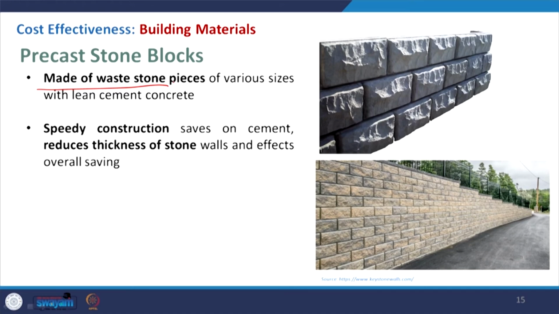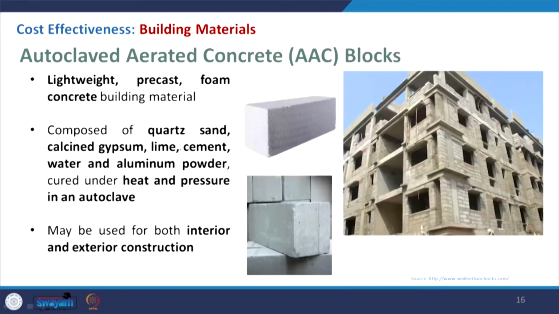Sometimes even the stone dust can be added in the cement concrete mortar, and that can give a precast block, and that is a little bit bigger than the conventional brick size, and that can give you nice aesthetic value as well as good strength to make this kind of construction. The construction is speedy, and in this case it can save the use of cement and all.